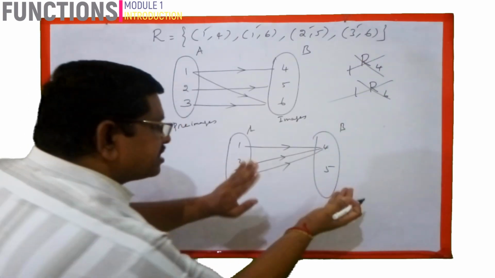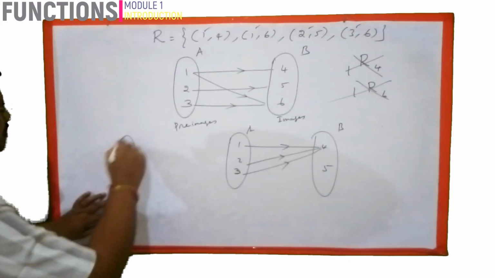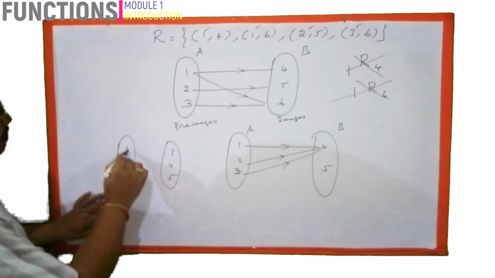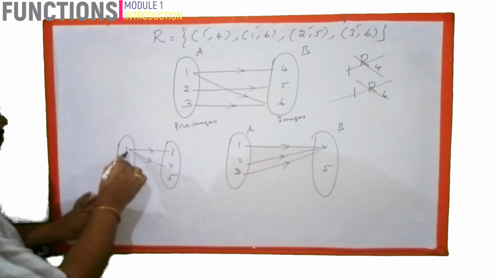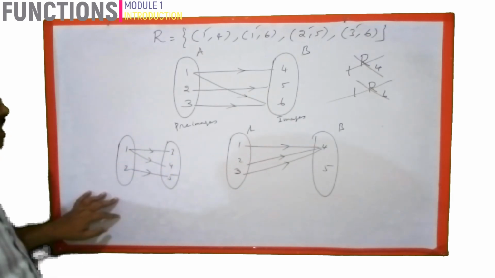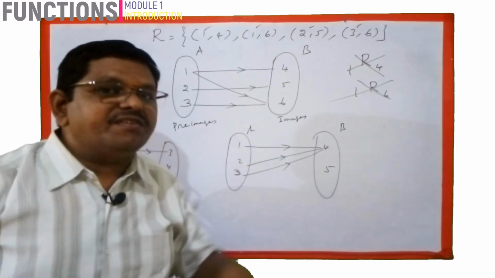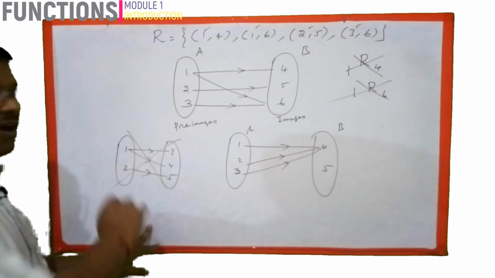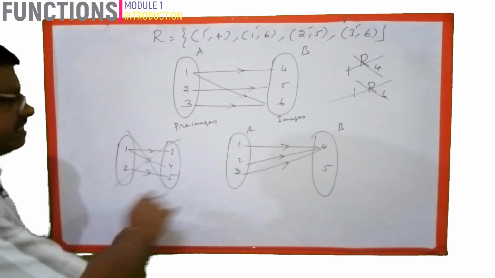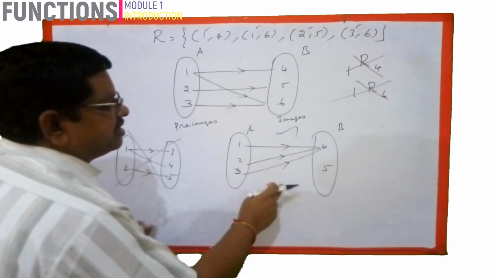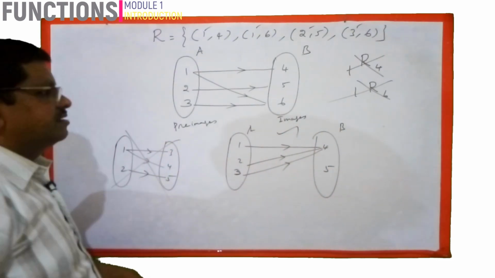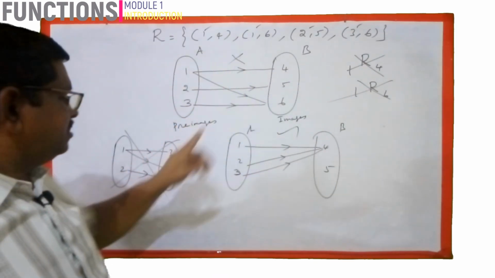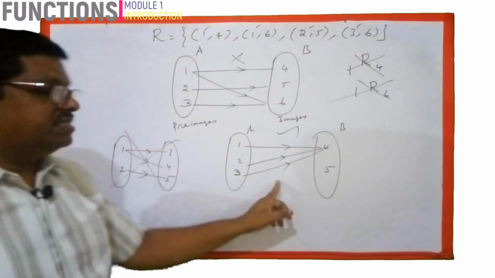But if it is reversed, suppose it is like this, here 1, 2, 3, 4, 5, where one pre-image has many images, that will be considered only as a relation, not as a function. This is only a relation, whereas this can be considered as a function, and this is also not a function. This is not a function. This is also not a function, but this is a function.